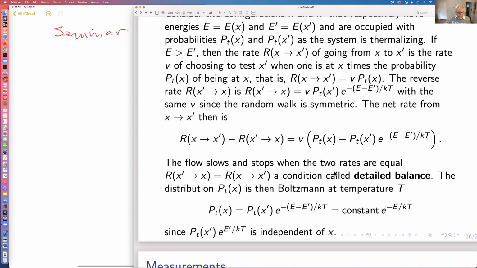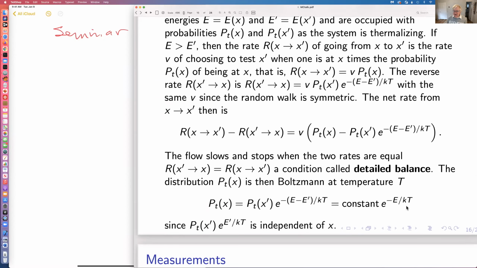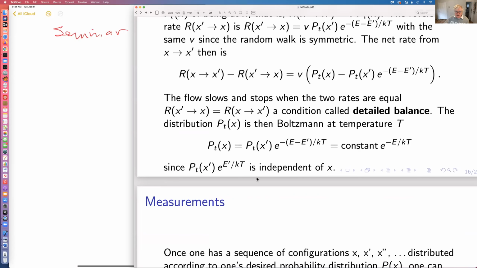The thing inside the parentheses is zero, but that's when PT is equal to this. On the other hand, the thing with the X primes and the E primes is independent of X. So this thing is a constant times e to the minus E of X over KT, since this other factor is independent of X.